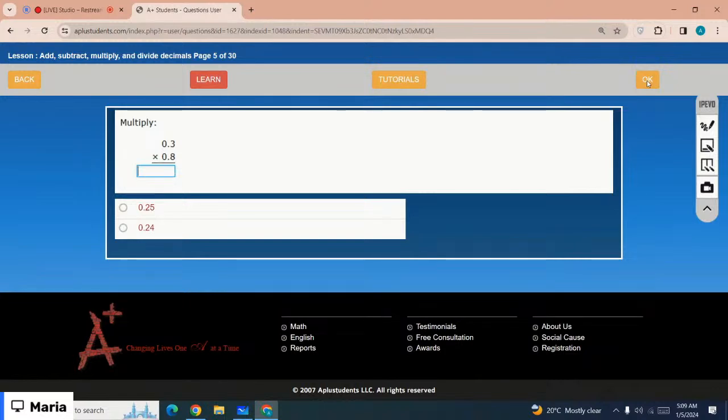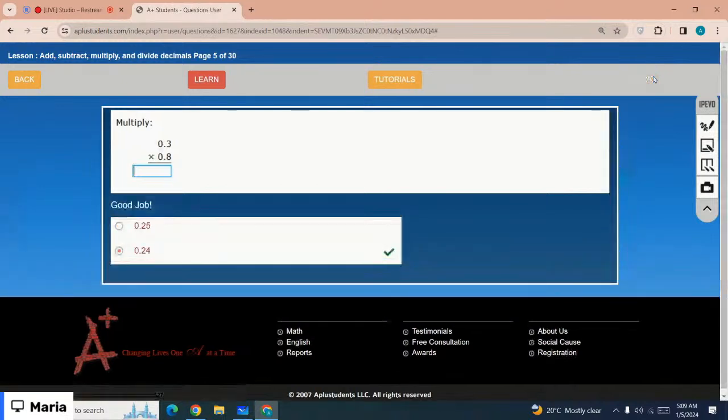The correct option is the second option, that is 0.24, because 8 times 3 is 24, not 25. Got it? Very good.